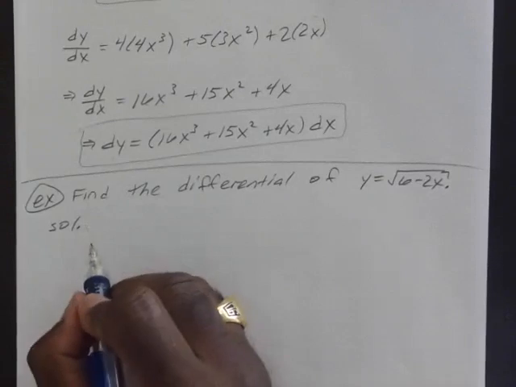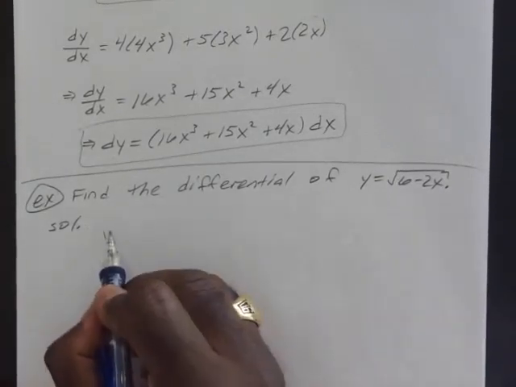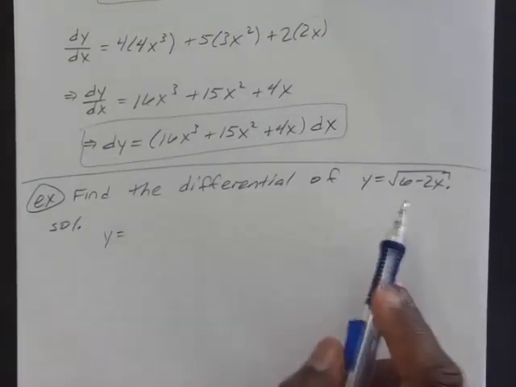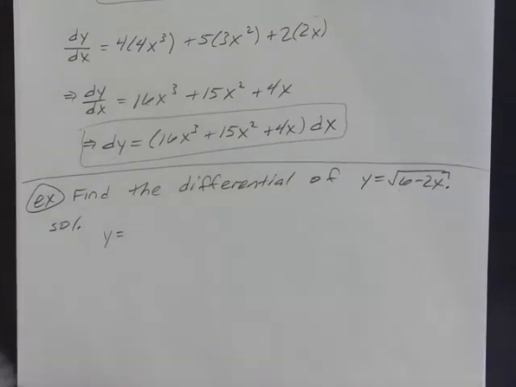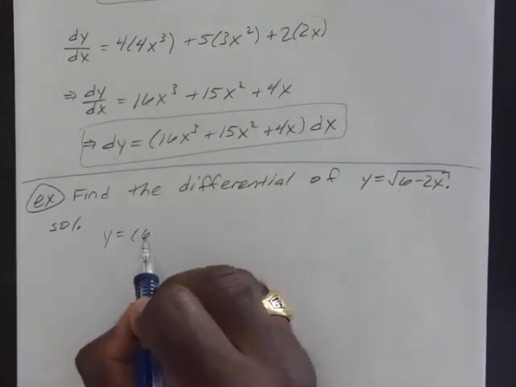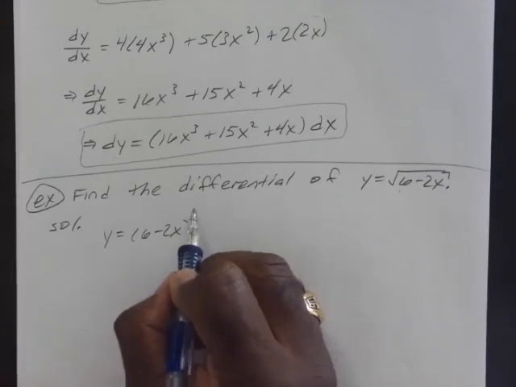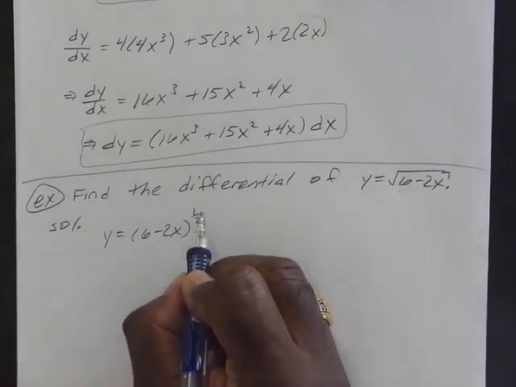Okay, so again, all we have to do is start off with our dy dx, but first we have to rewrite this square root. So it's 6 minus 2x to the 1/2 power.